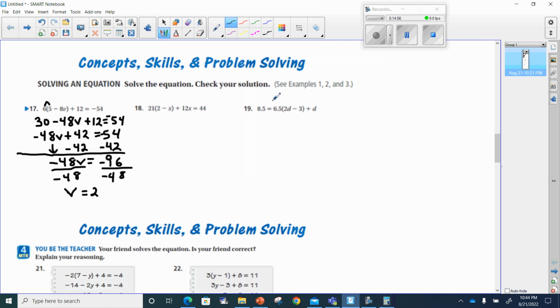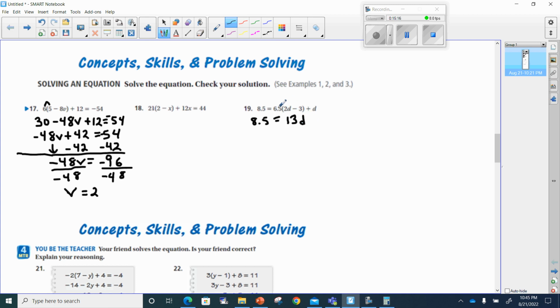We've got 8.5 equals 6.5 times the quantity 2d minus 3, plus d. So this is going to be 8.5 still. 6.5 times 2d is going to equal 13d.